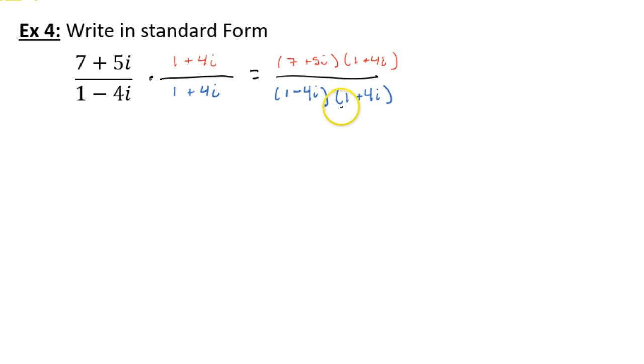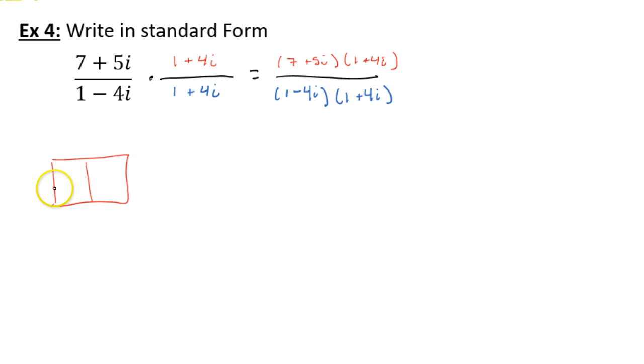This then just becomes multiplication. You can use FOIL, box method, you can stack them up. However you've been taught to multiply is okay, as long as you combine all your terms at the end. So for this case, I'm going to use the box method. I believe you guys are fans of that.